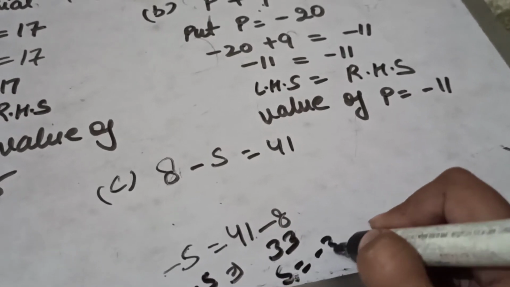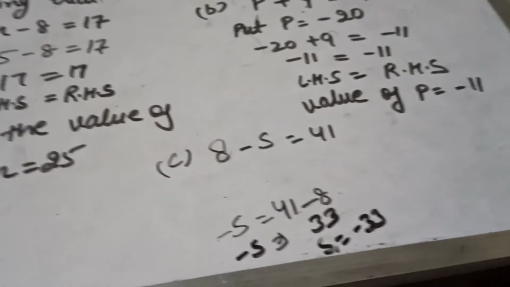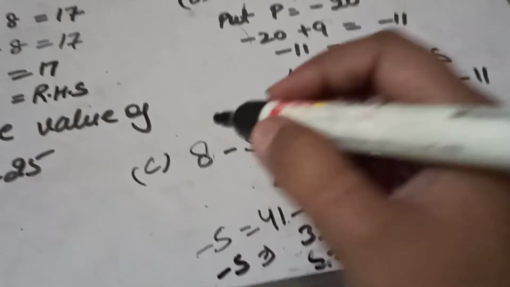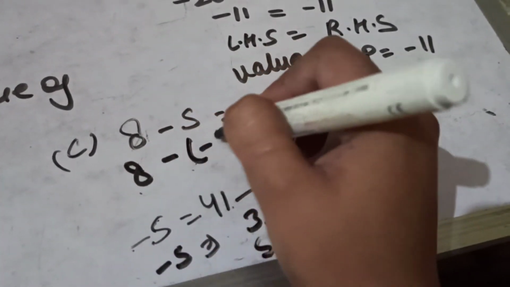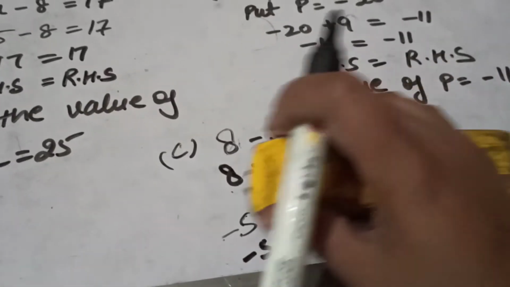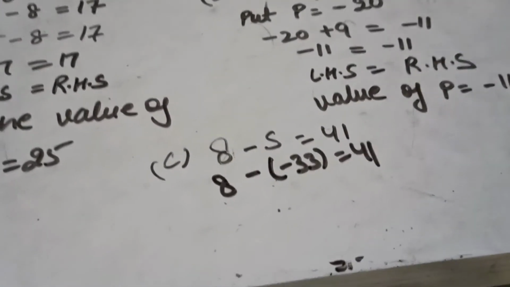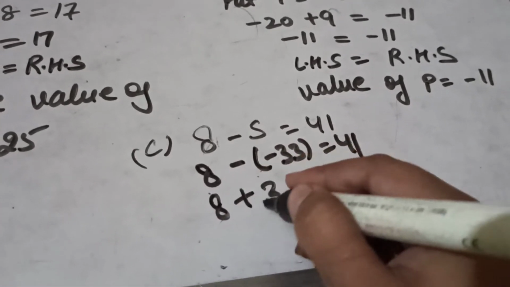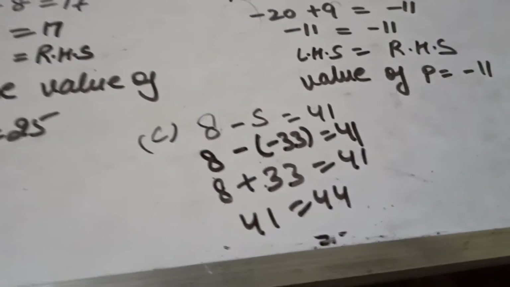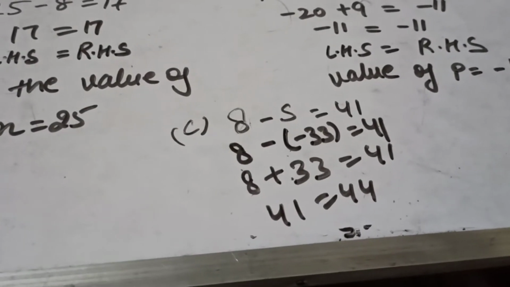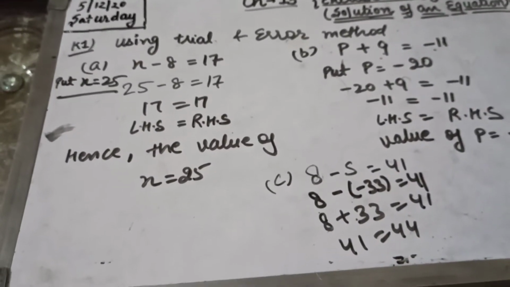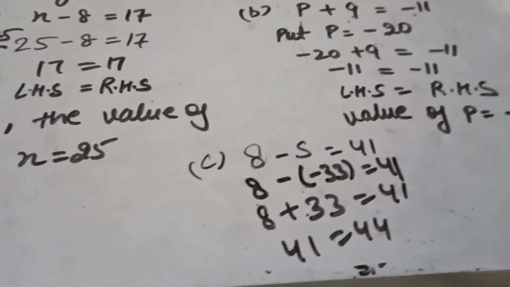It means s equals minus 33. Remember, I told you in the solution signs matter most. So if I put 8 minus of minus 33, minus minus plus, equals 41, and this is also equal to 41. Hence the value of s is minus 33. Clear? This is your K1 part, and this is the solution with the trial and error method.